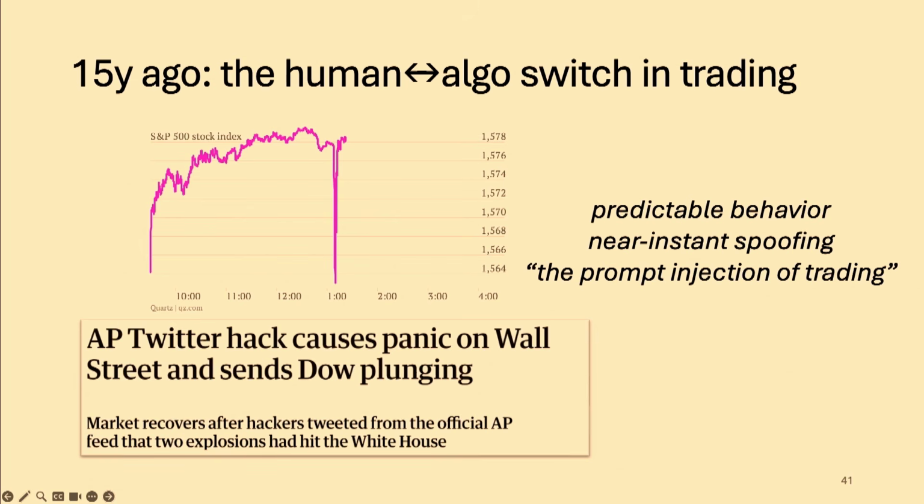There was this Twitter hack a while ago where the page of AP News got hacked. They posted something about an explosion at the White House, and the stocks crashed, essentially in real time. Not something that would happen if you still had humans doing the trades. It might happen, but definitely not in a fraction of a second.